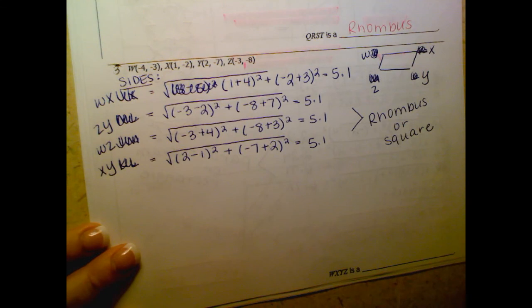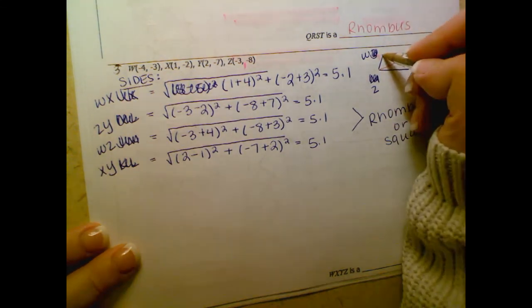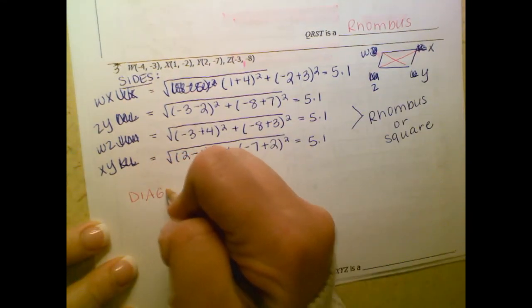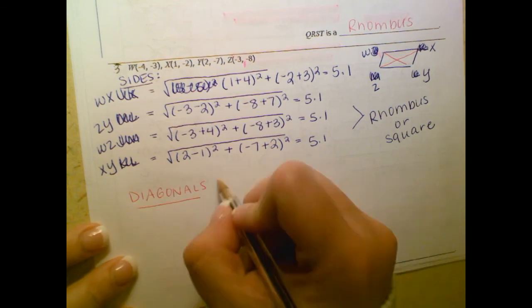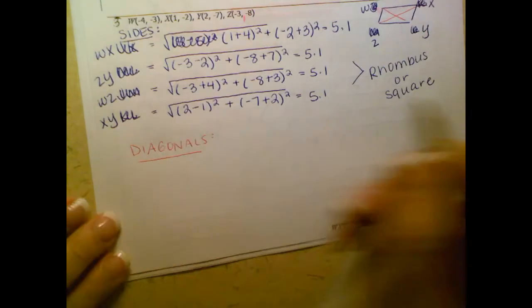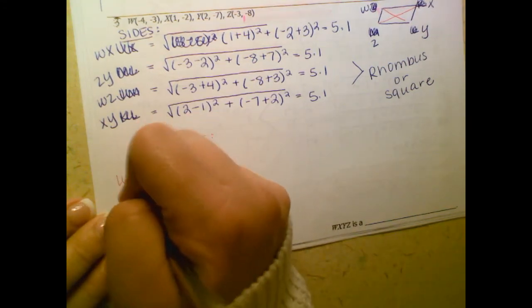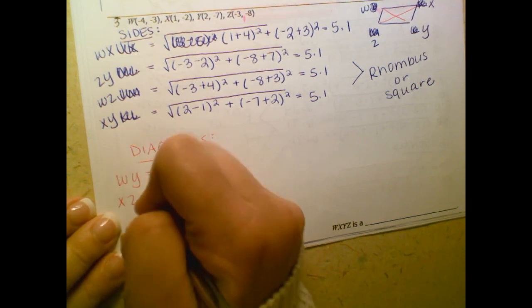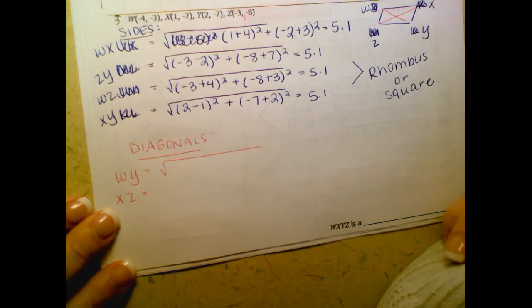Now I'm going to look at my diagonals. So I have ZX and WY. Do distance formula for your diagonals now.